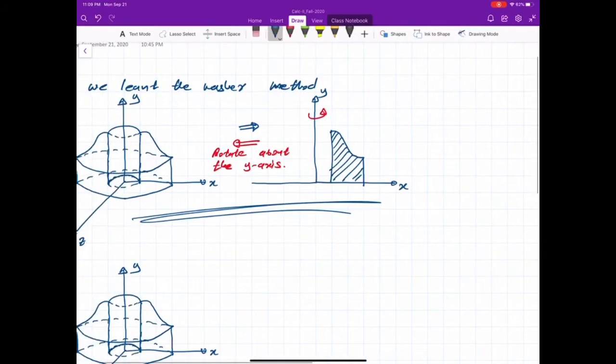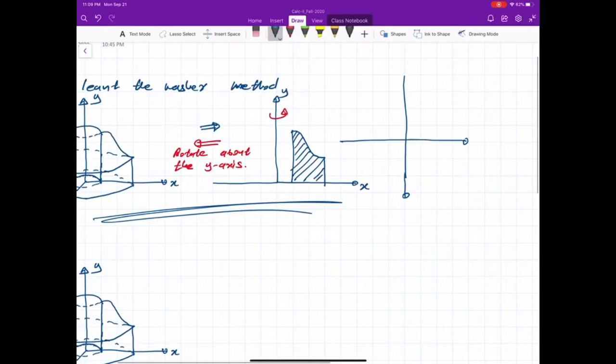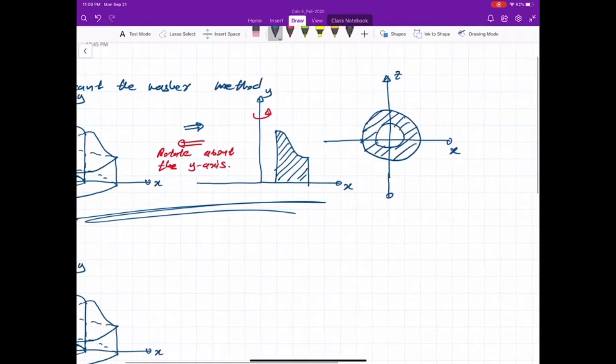So this is your x, that is your c. So the cross sections are like that. They are washers actually. So you could use the washer method that we learned in the previous day's class.